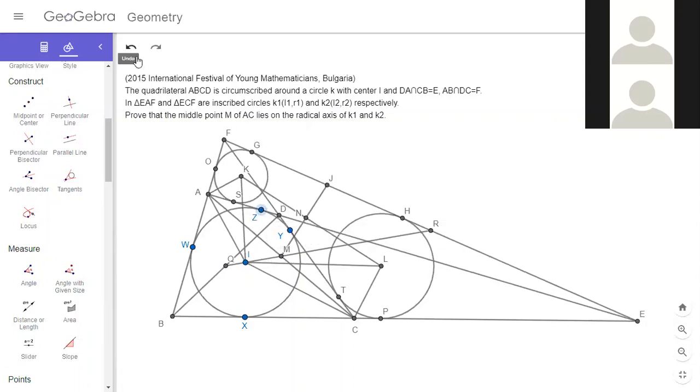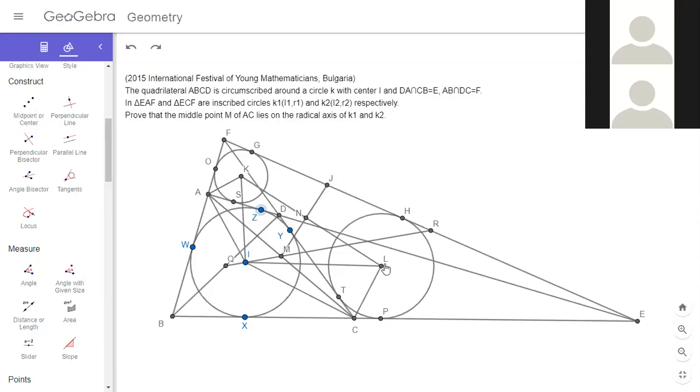And yeah, that gives us a measure to compare CL and AK. Okay, so let's see how we can show those are similar. They're both right triangles, and maybe we could try to show that AI over AK is CI over CL. That seems like a reasonable thing. But let's just assume they're similar for now, right?